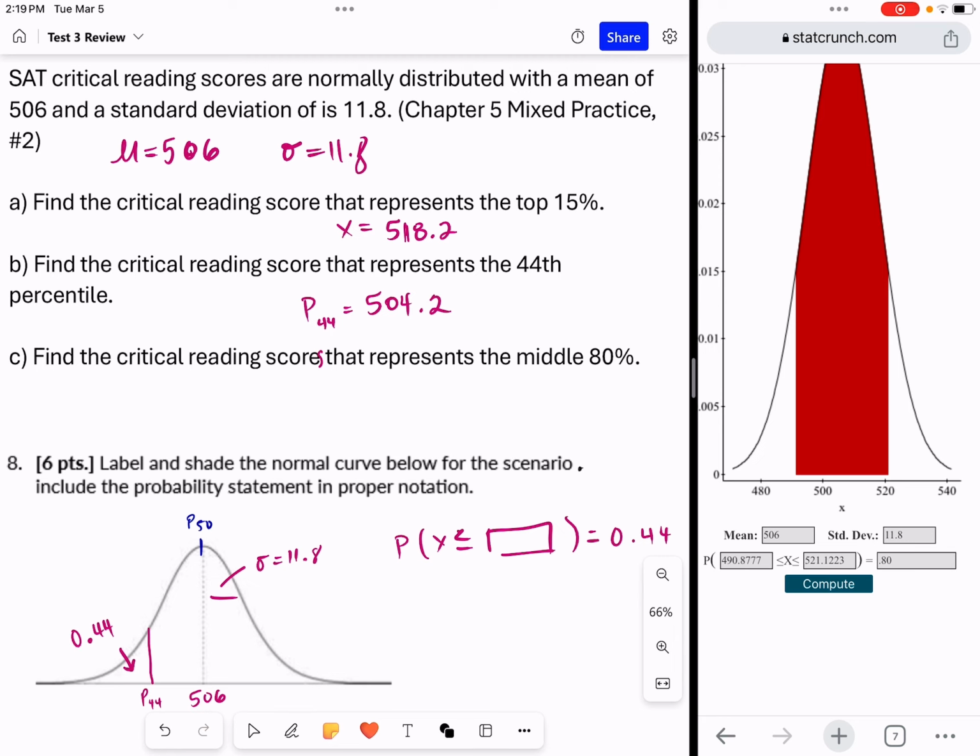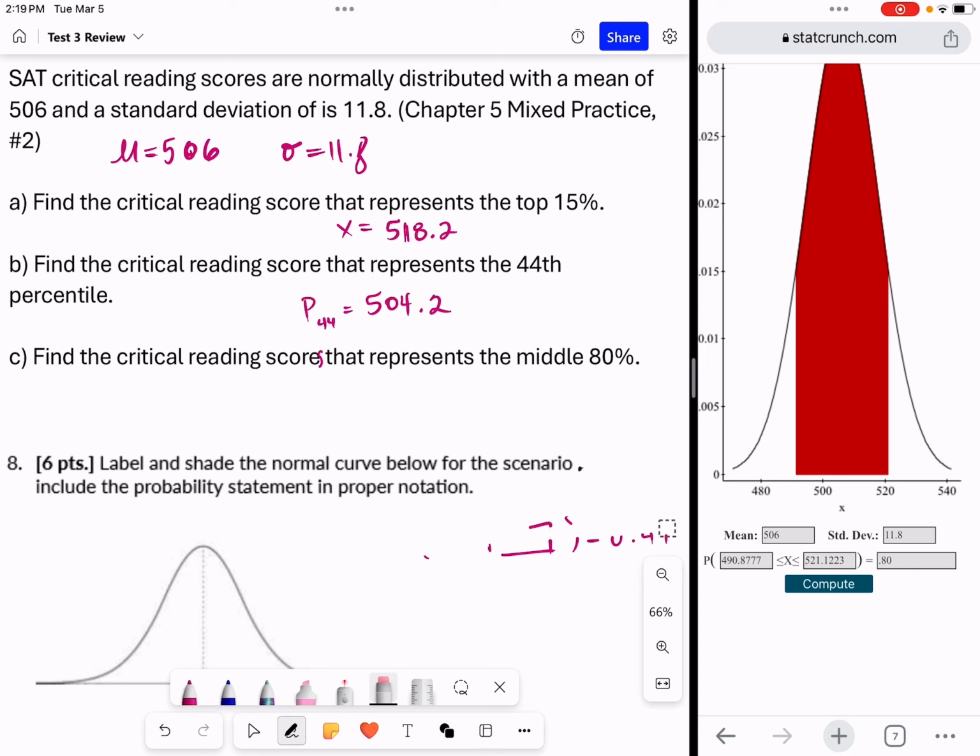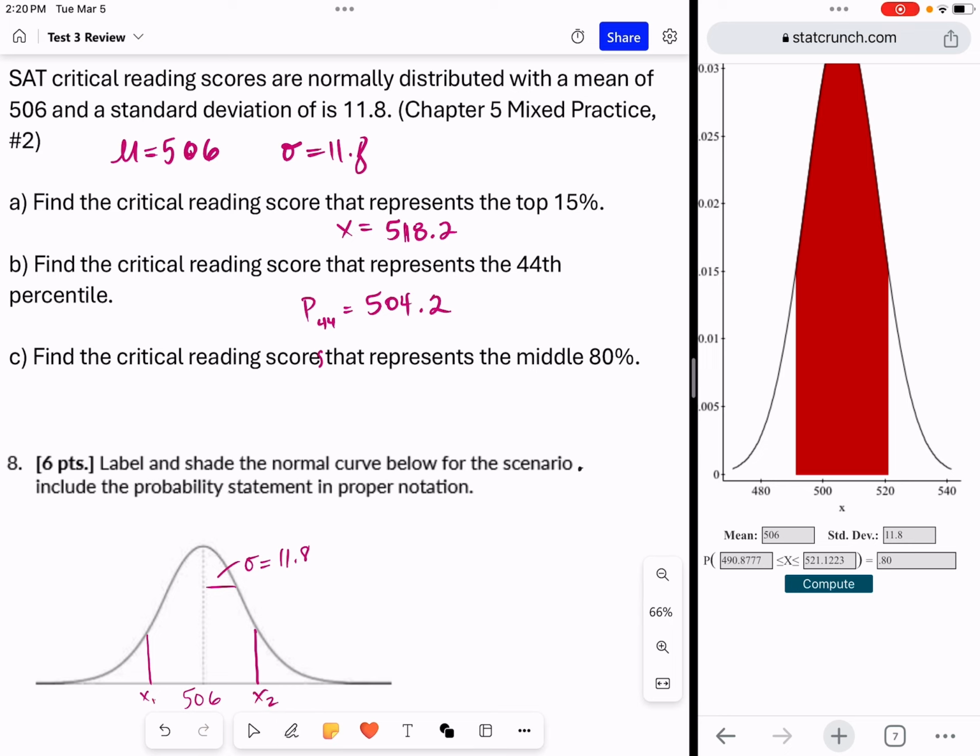As far as my picture is concerned, if this is what I need to shade or mark and label, then of course I'll have my 506. Sigma is 11.8. And then you can do x1 and x2, that's fine.